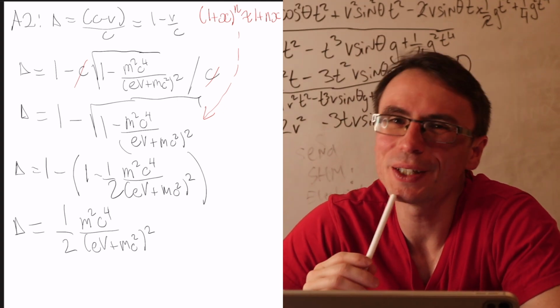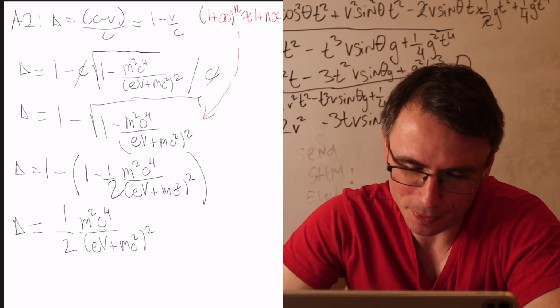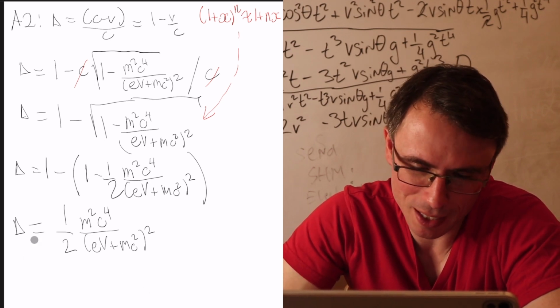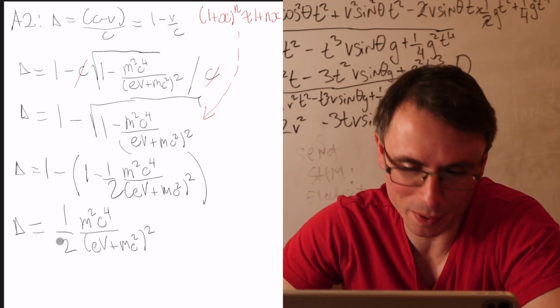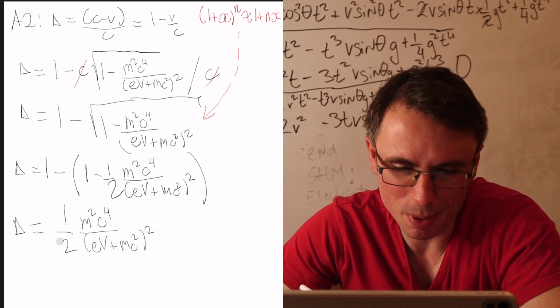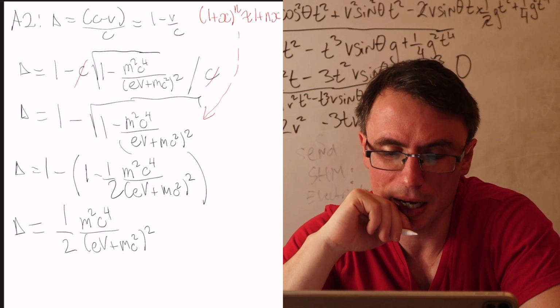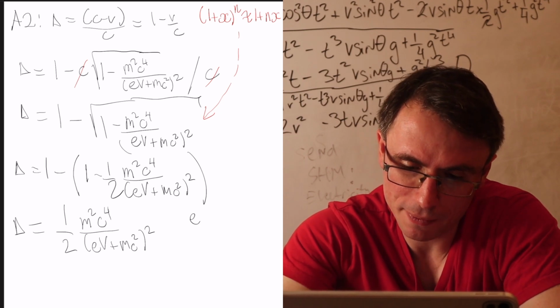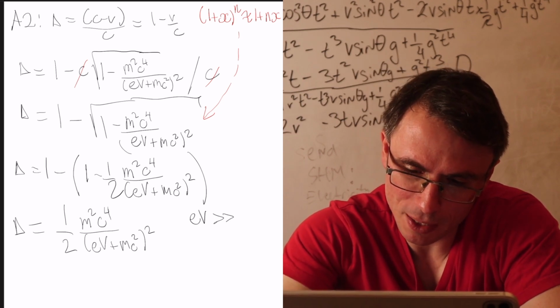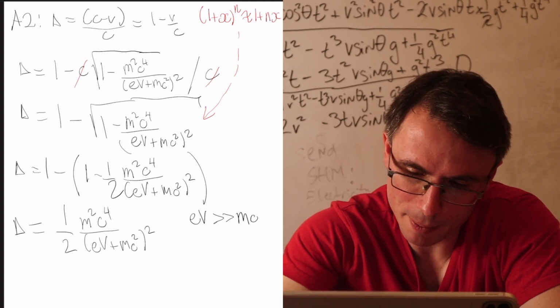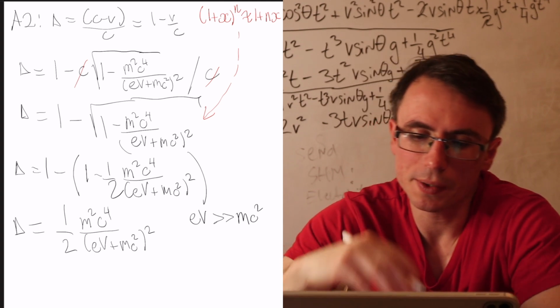We're probably not done with approximating though. I'm sure if we calculate it in this formula, we're probably going to get full marks. But just to make it even simpler and save a little bit of time, ev is going to be significantly greater than mc squared. Now, why is that?